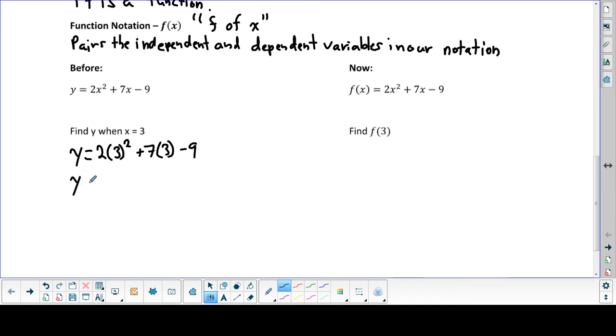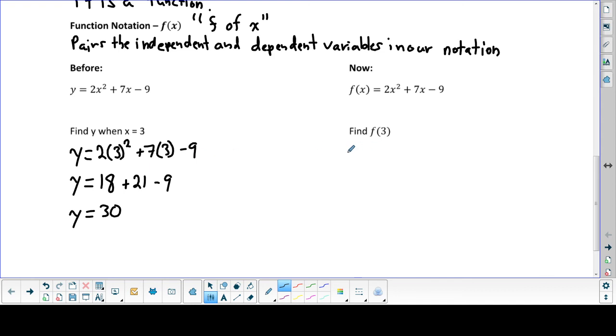Okay, and then y equals, let's see, that's going to be a 9. So that's 2 times 9 is 18. 3 times 7 is plus 21 minus 9. And we'd say y equals 30, if we do add all those things together. I'm skipping a few of the simple algebra steps, but okay, that's it. I mean, it's not hard. It's just plugging in a number, you solve it.